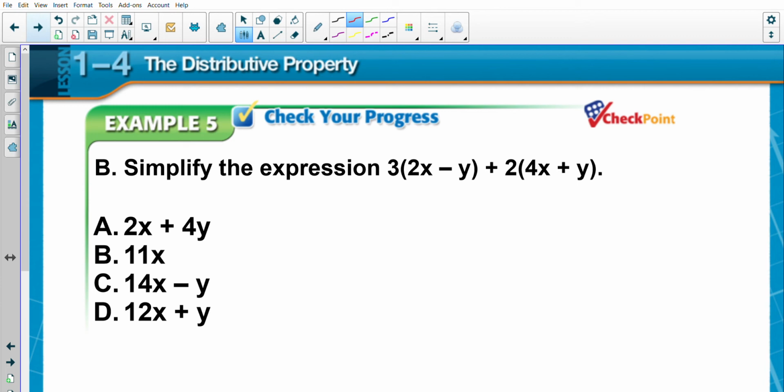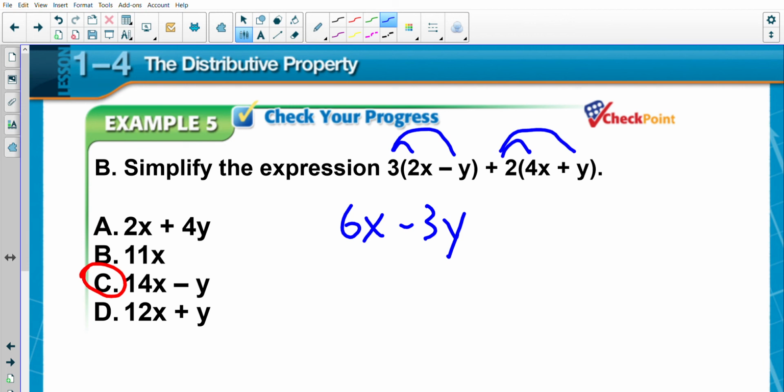All right. I want the answer in 3, 2, 1. Yep, that's it. First thing you do is distribute the first one, so that'll give you 6x minus 3y. And then here you distribute the second one, which would give you plus 8x plus 2y.